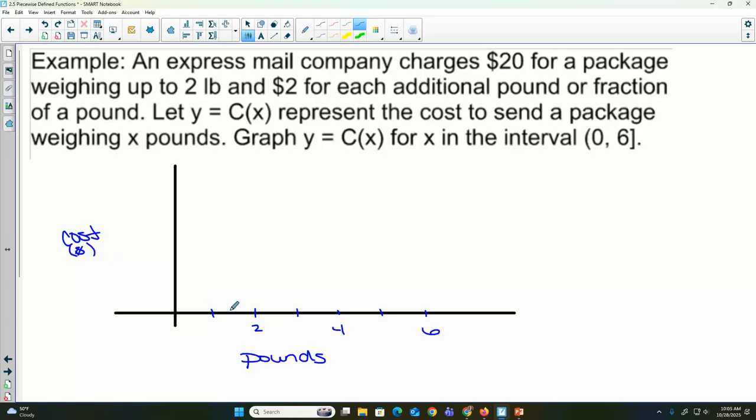What is the absolute least amount I would pay for mailing my package? They charge $20 for anything up to 2 pounds. So 20 is the cheapest this would be.